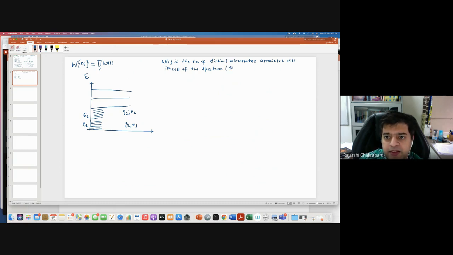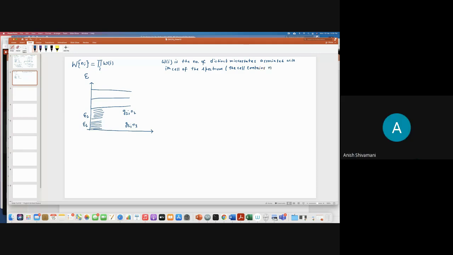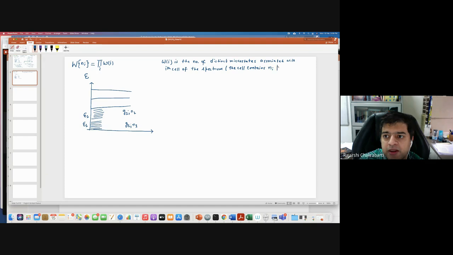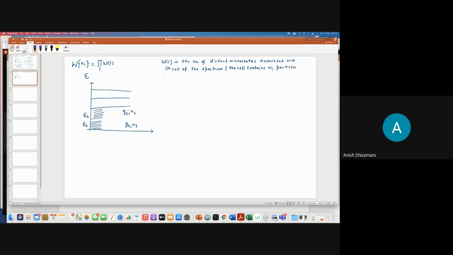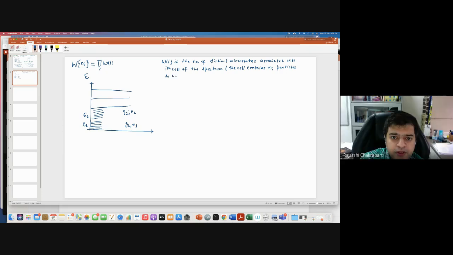The cell contains how many particles? Ni particles, to be accommodated among Gi levels.